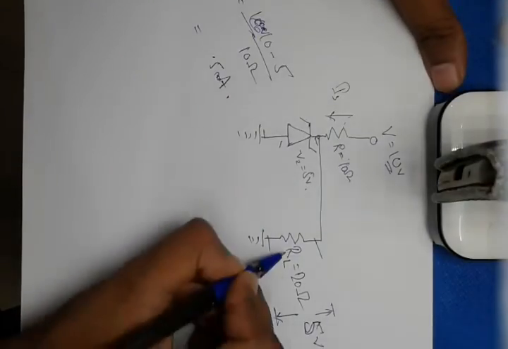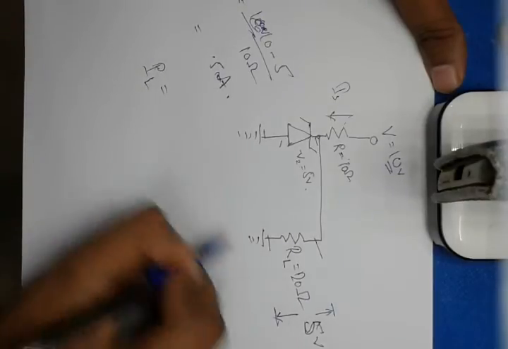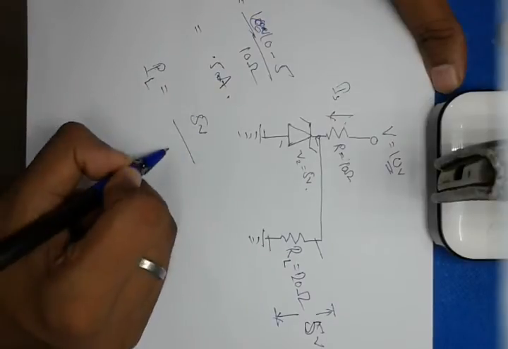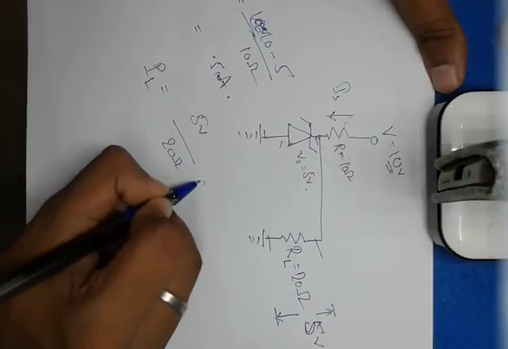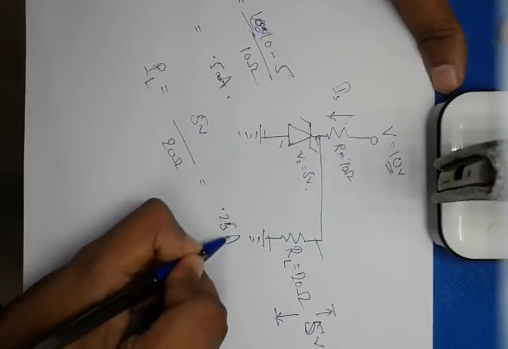The load current IL is 5 volts divided by 20 ohm, which equals 0.25 ampere.